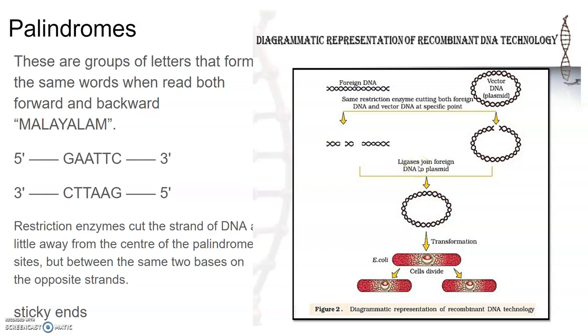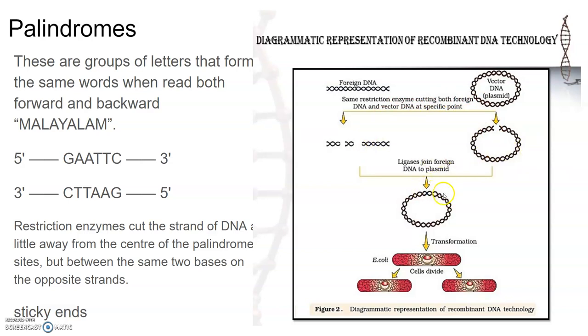Now restriction endonucleases are used in genetic engineering to form recombinant DNA molecules, which are composed of DNA from different sources or genomes. When cut by the same restriction enzyme, the resultant DNA fragments have the same kind of sticky ends, and these can be joined together with the help of the ligase enzyme. You can see here in the picture, this is the foreign DNA and this is the vector DNA from the plasmid, and the same restriction enzyme is cutting both at specific points.